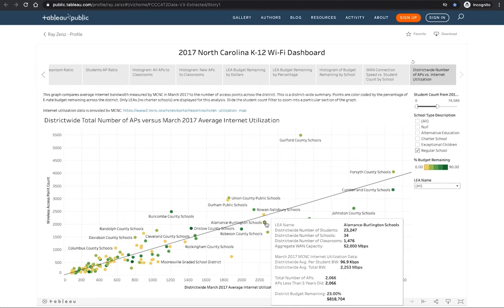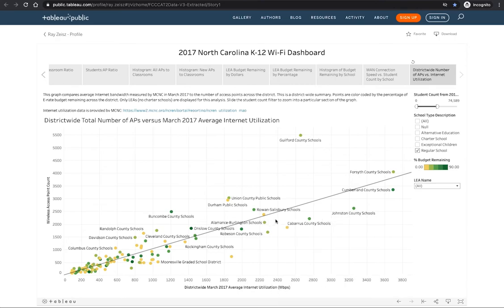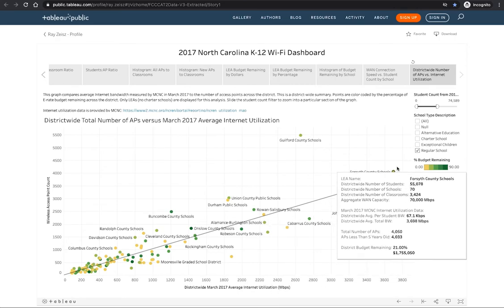So the 96 kilobits is measured at the internet connection. And so you would take 96.9 kilobits times 23,247 kids, and that would be the aggregate capacity of the internet connection on average at that school district. And that happens to be 2.253 gigabits, or 2253 megabits. So that's how you would read that.